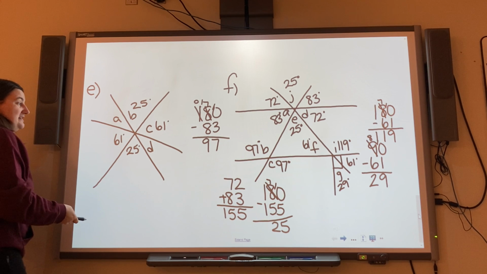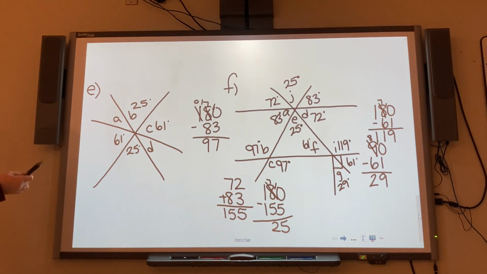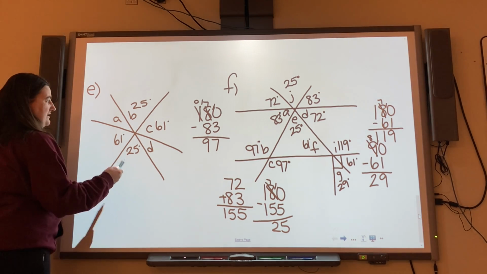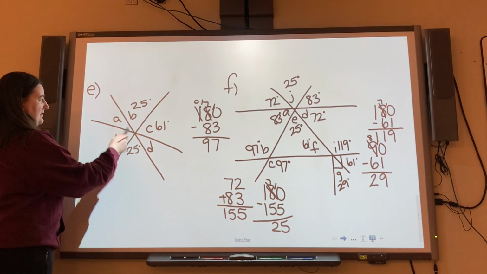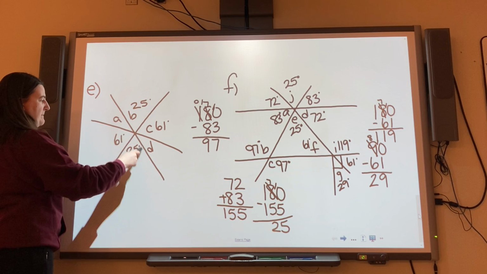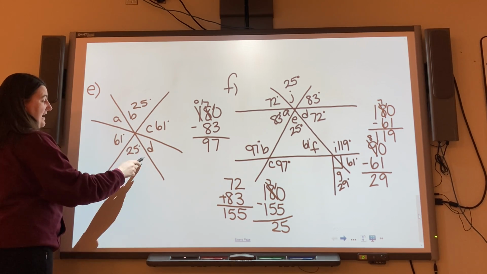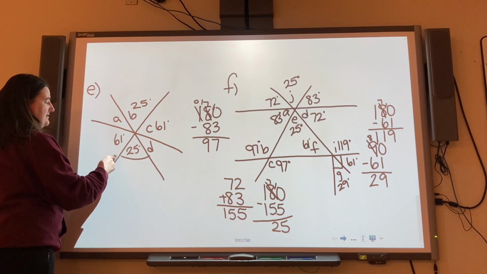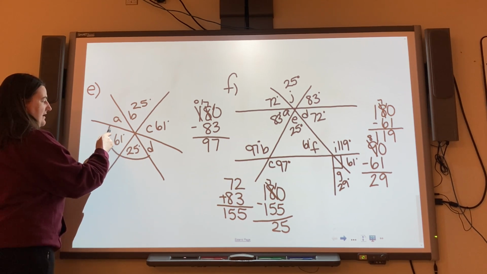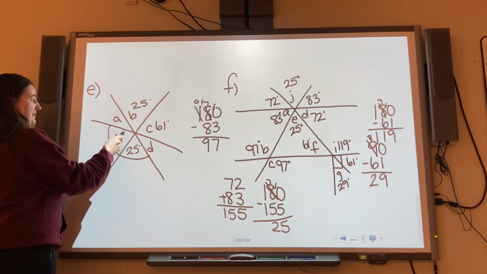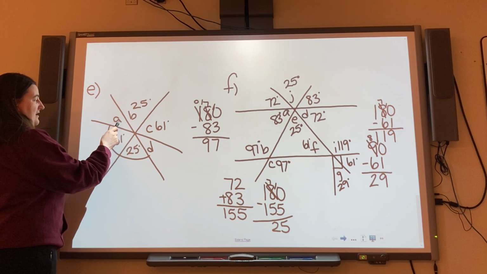I don't know what A and D are, but I can find out now that I know these 2 things. So let's think about a straight line. To find angle A, I can add up the ones that I know to find how many degrees are there in both of these angles, and then minus from 180 to find the rest of my straight line.